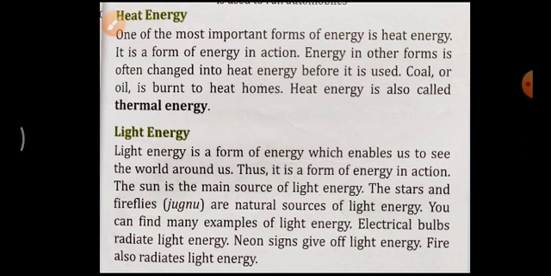While wood is burning, it gives heat as well as light energy at a time. So heat and light energy we are getting from different sources. When petrol or diesel is burning, heat energy is generated. When the bulb is glowing, the filament of the bulb starts heating and it gives rise to heat as well as light energy.